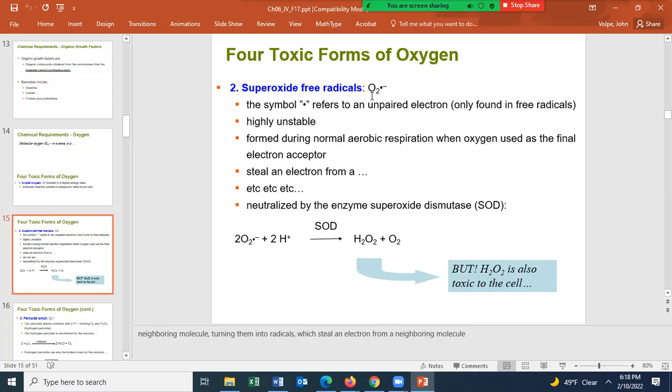These molecules are highly unstable. Whenever they bump into another molecule, they will grab an electron from that molecule, meaning oxygen with the free electron wants to pull another electron or give up that electron.